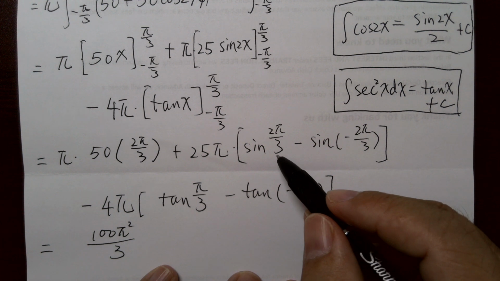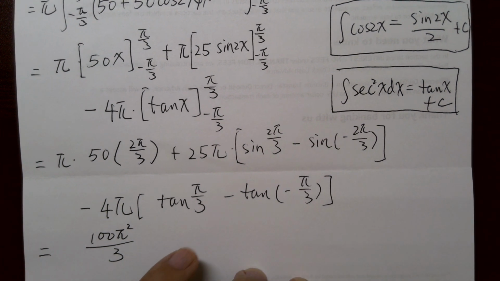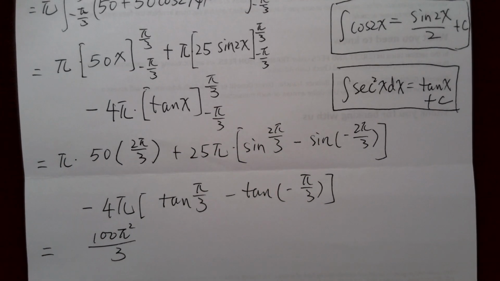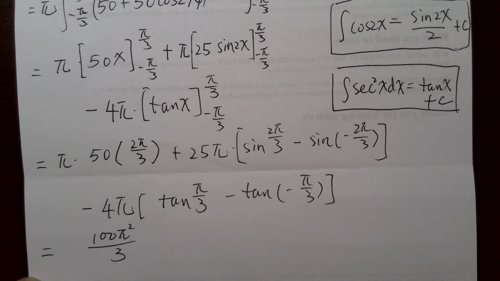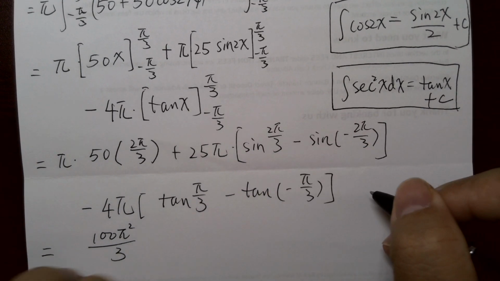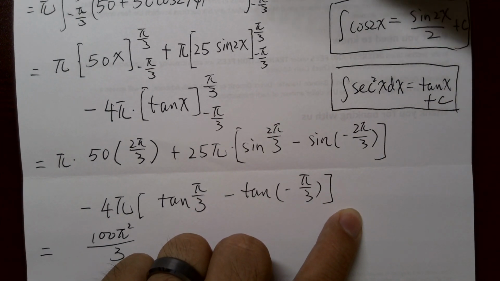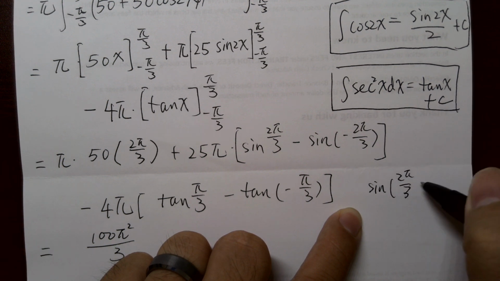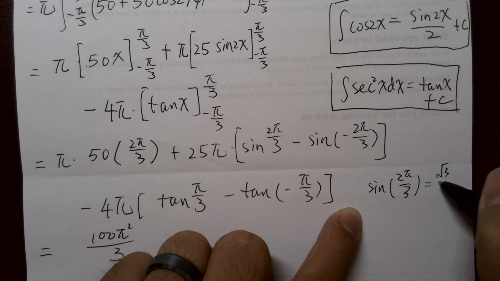If you remember, sine of 2 pi over 3 equals square root of 3 over 2.